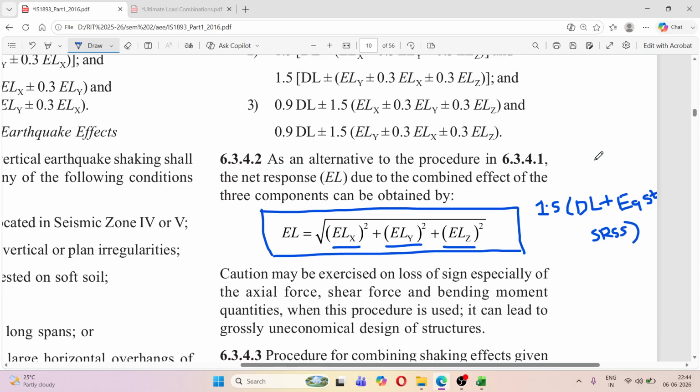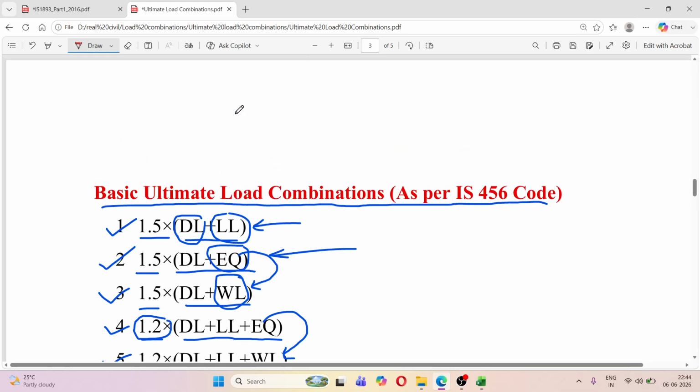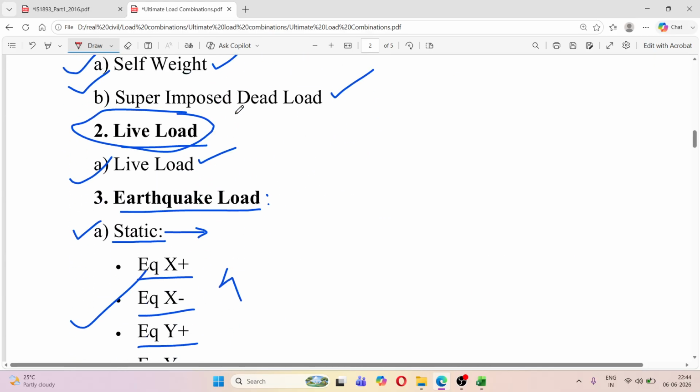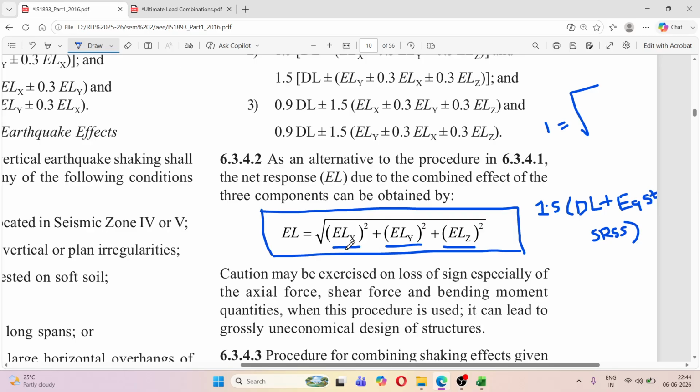So what is equivalent static SRSS? Equivalent static SRSS will be equal to the square root of EQX square plus EQY square.